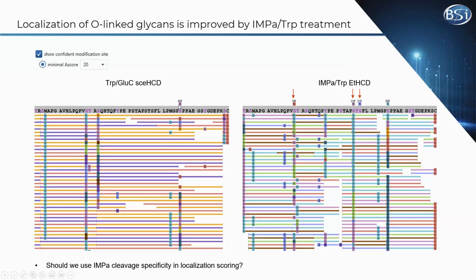Here we're only able to confidently localize one of the O-link glycans in this region of the Enbrel protein, whereas using the IMPA and trypsin digest in ETHCD mode, we can confidently localize 3 additional sites within this region. And this also raises the question, maybe we should use IMPA cleavage specificity as part of our scoring algorithm in localizing these glycans, since maybe a little hard to see here, but the IMPA enzyme was able to cleave directly upstream of this serine residue, as well as this serine at 199.